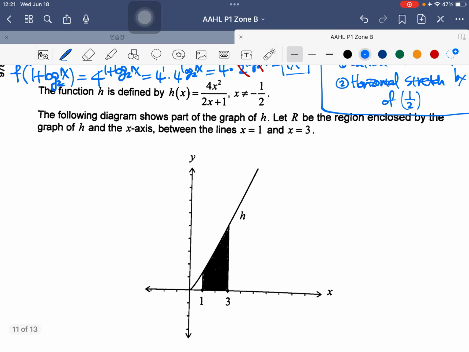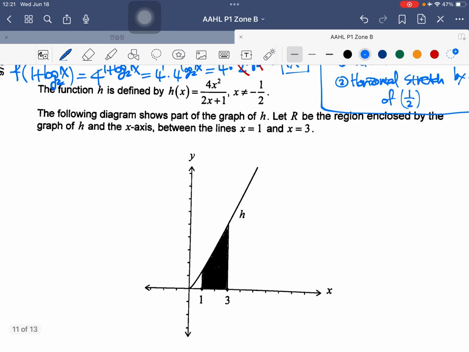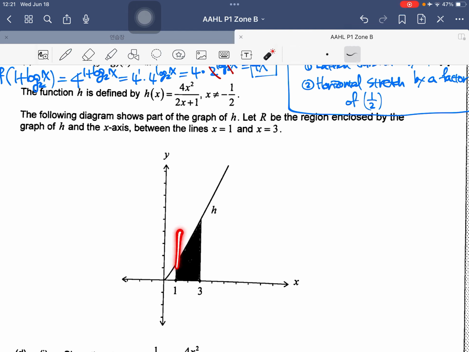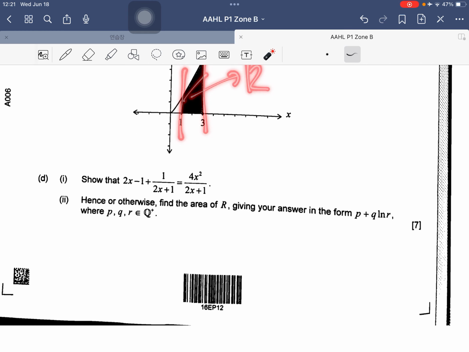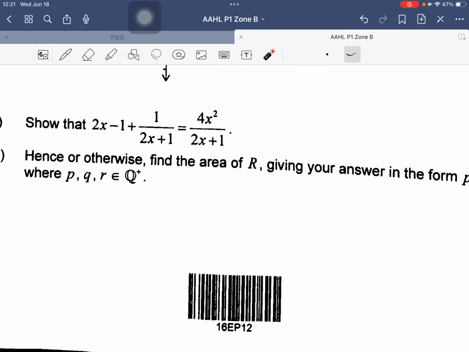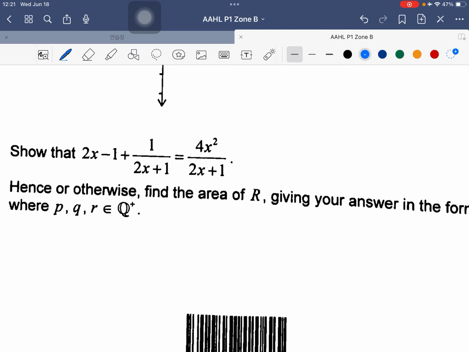The function h is defined, h of x is like this kind of rational function. The following diagram shows part of the graph of h. Let R be the region enclosed by the graph of h and the x-axis and between the lines x equals 1 and x equals 3, and this region is R. Show that this makes sense. So let's see.